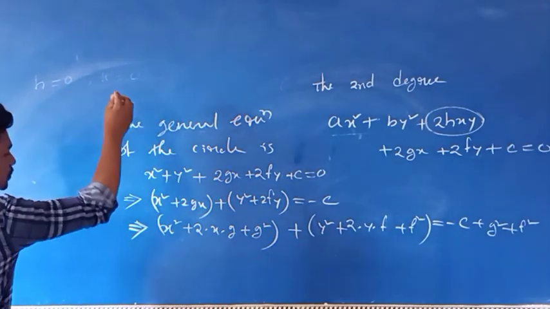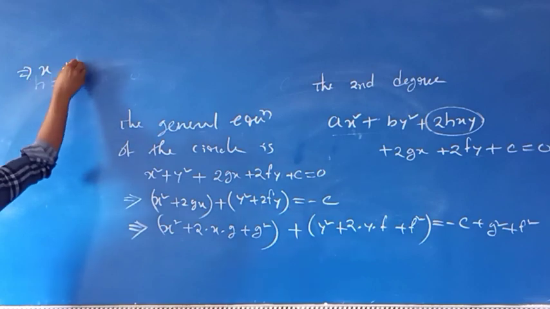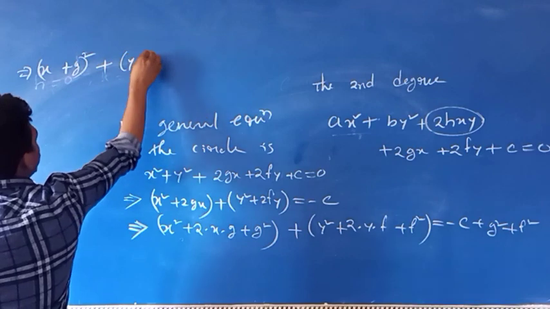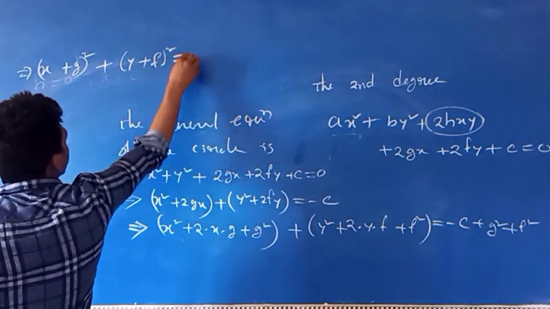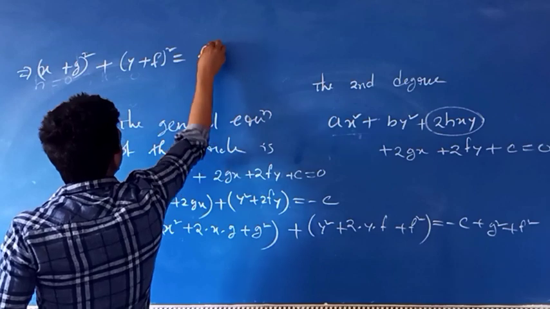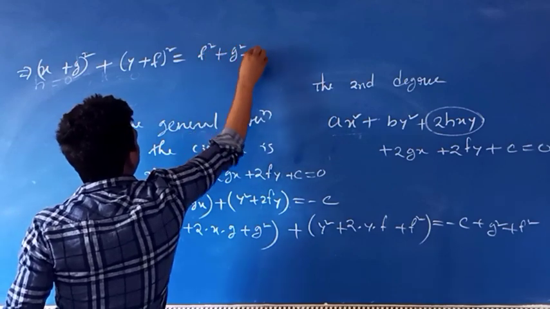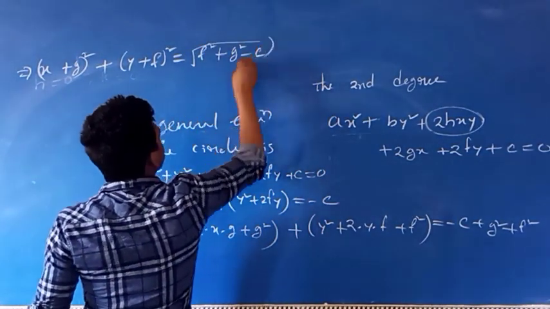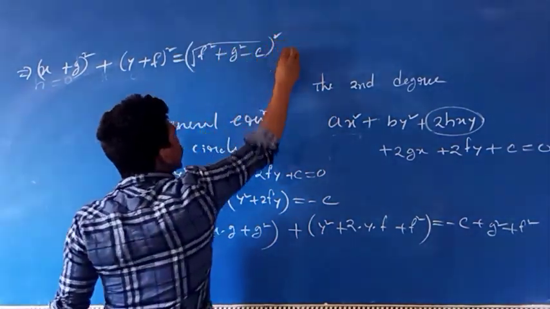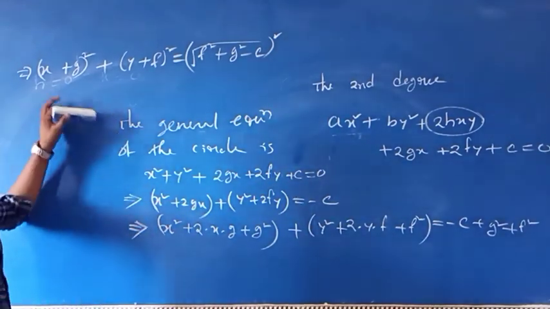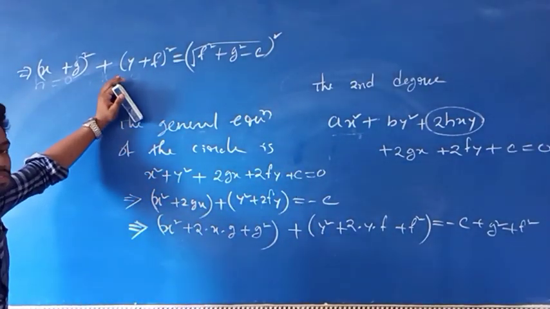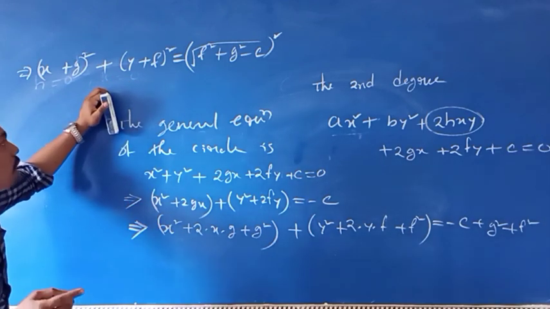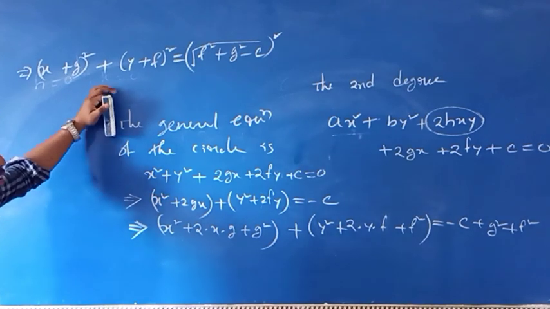From this we can write x plus g whole square plus y plus f whole square is equal to g square plus f square minus c, and this can also be written as a square root squared. Then this will be the standard equation of the circle. The standard equation is x minus h whole square plus y minus k whole square is equal to r square.